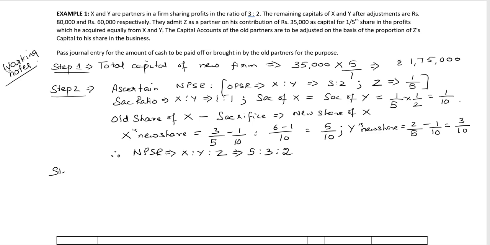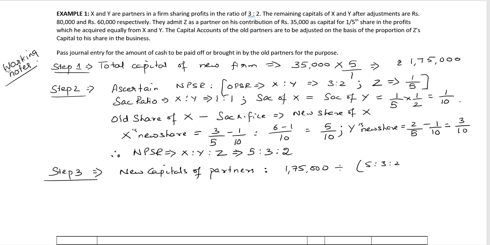Step 3 is to get the new capitals of the partners. For this, we need to take the answer of step 1, which is rupees 1,75,000, and divide it in 5:3:2.